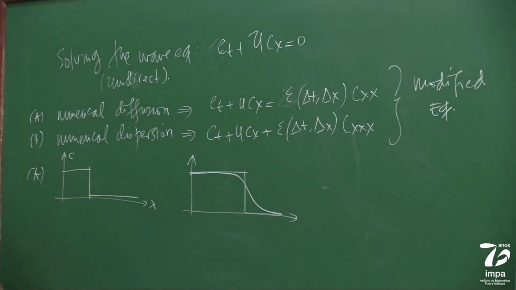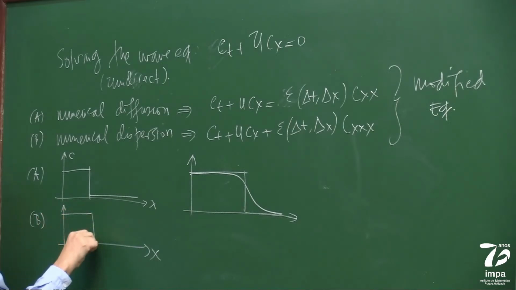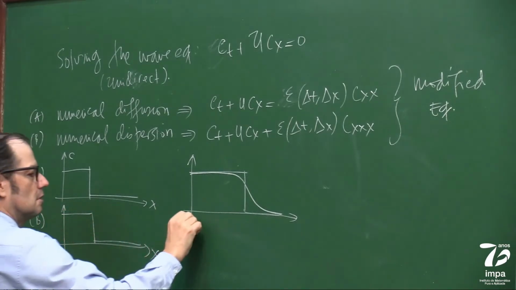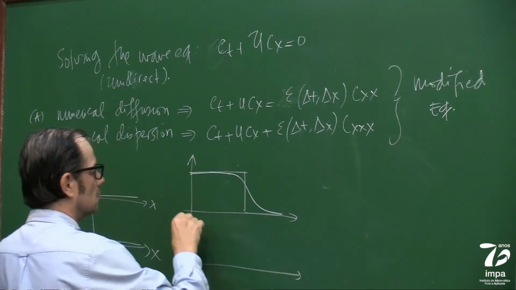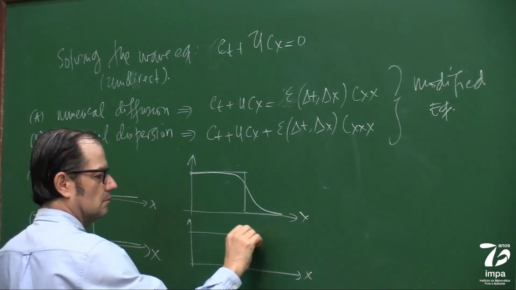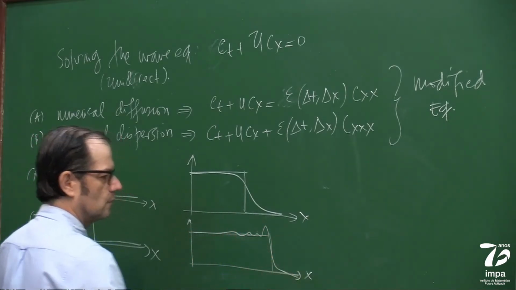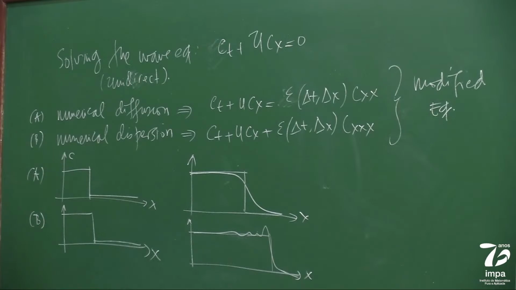This is the numerical diffusion. And B, if you do the same problem, it will be like this, the numerical dispersion. Okay?